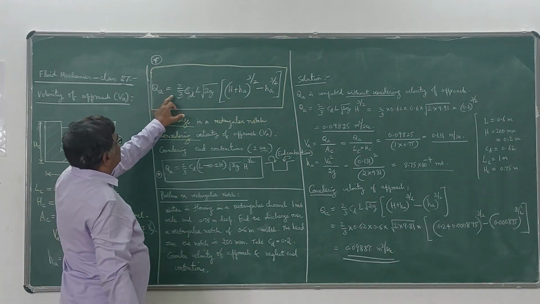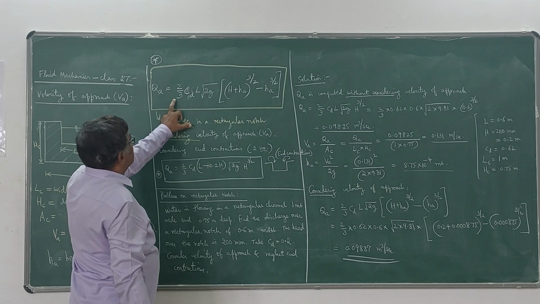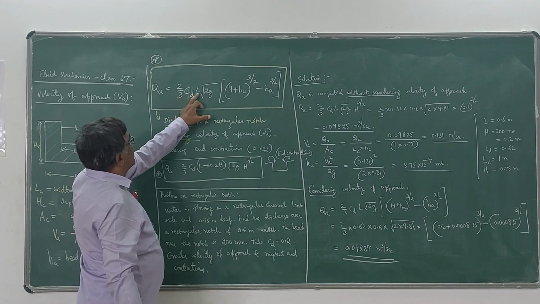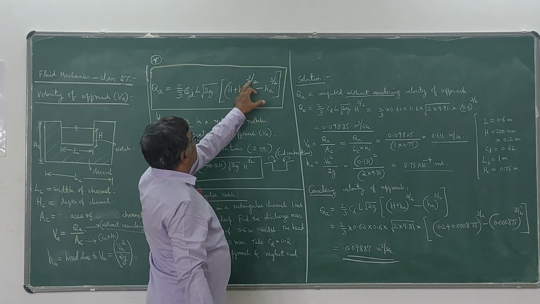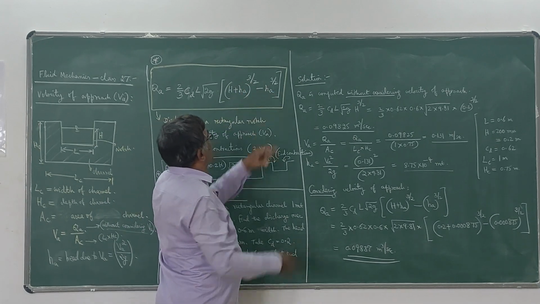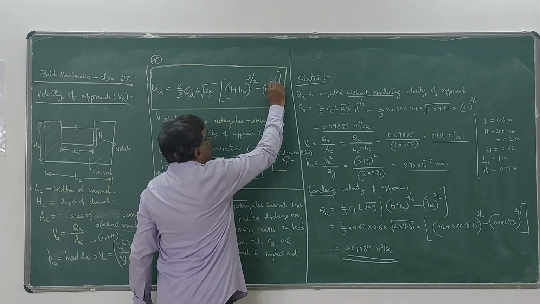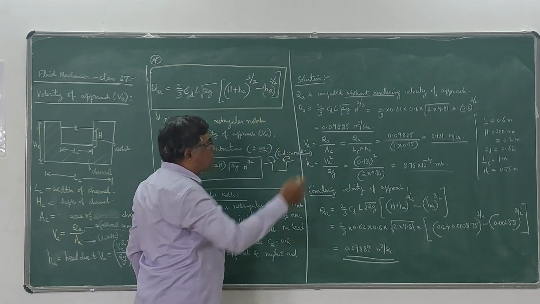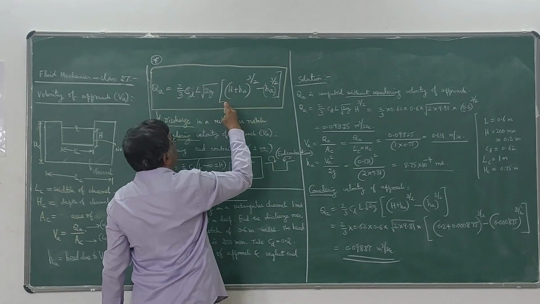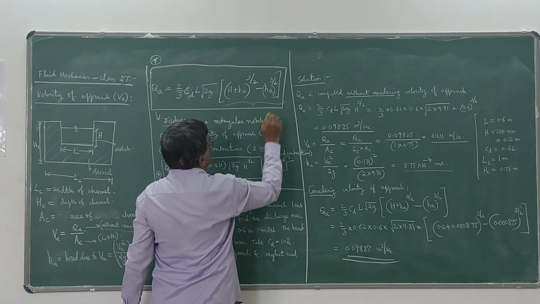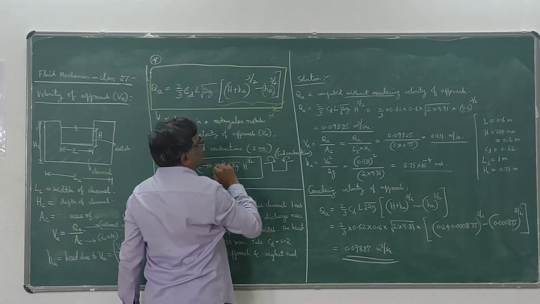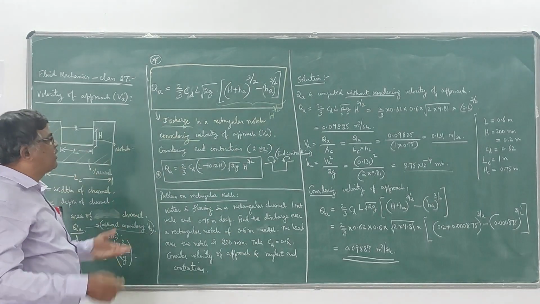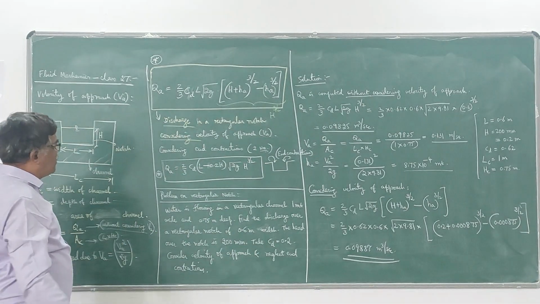So here, if you consider the velocity of approach, the equation becomes 2 by 3 CD L root 2G into (H plus HA) to the power of 3 by 2 minus HA to the power of 3 by 2. Here, the difference is that instead of this entire thing, you will have only one term, that is H to the power of 3 by 2. That is without considering velocity of approach.